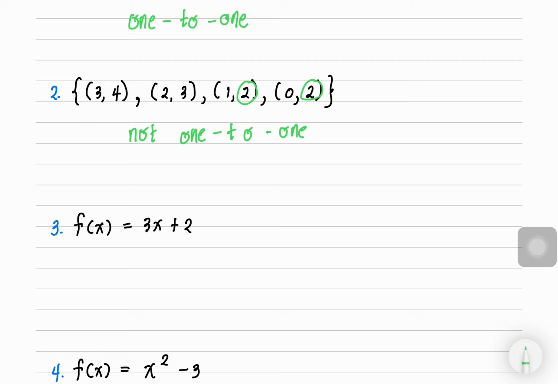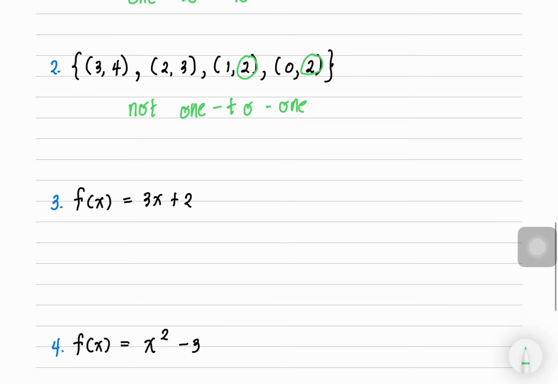Okay, so, we have f of x, no? So, f of x sub 1 is equal to f of x sub 2. Okay. So, kunin natin yung equation natin. Ito yan, guys. So, we have 3x sub 1, okay, plus 2 equals, so we have 3x sub 2 plus 2.